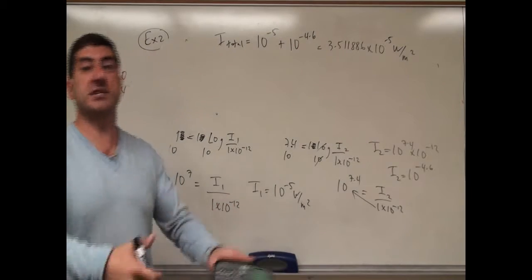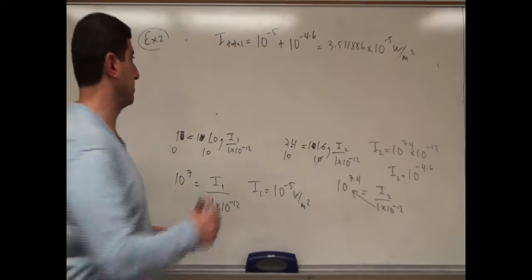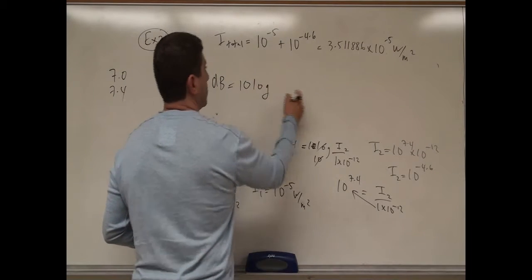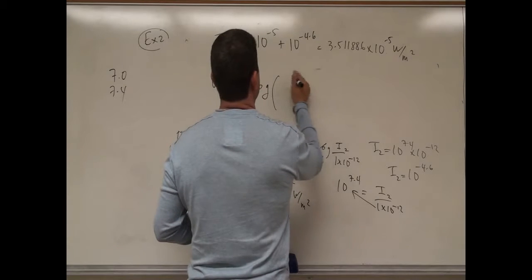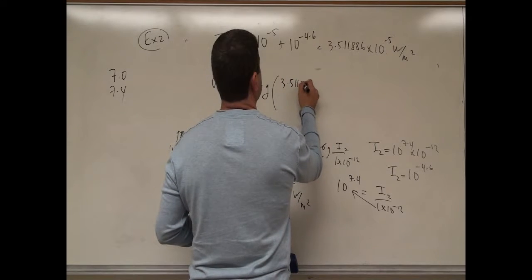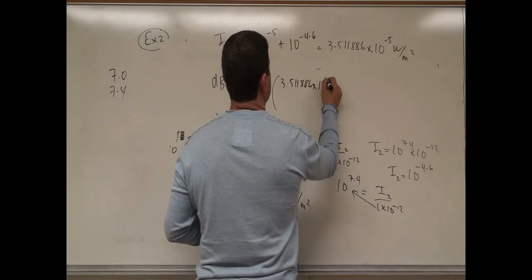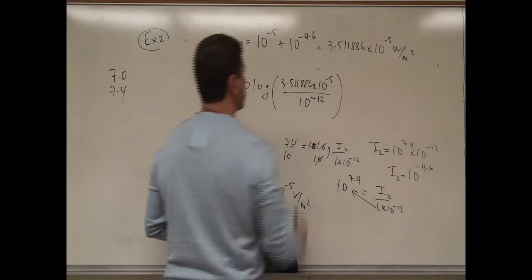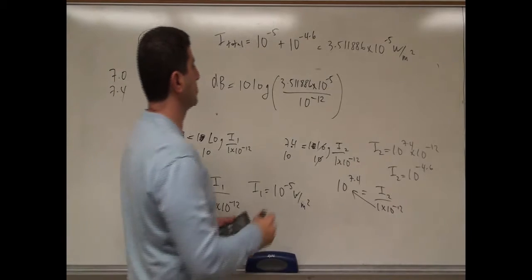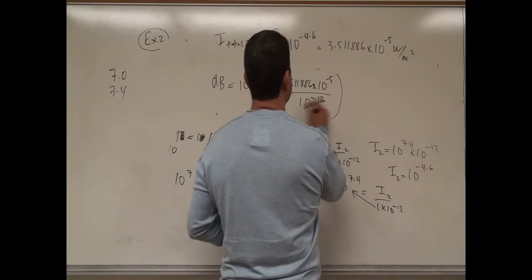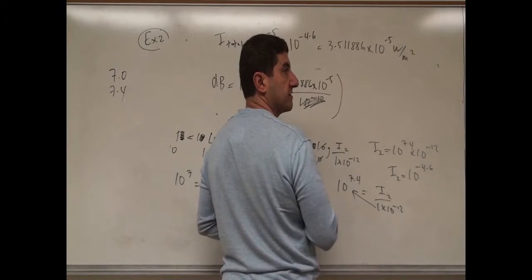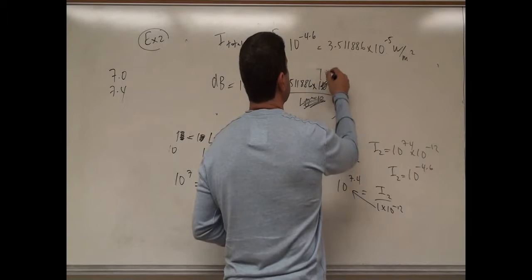You can convert this back to the log scale. So we can say dB is equal to 10 log of this number, 3.511886 times 10 to the negative 5 over 10 to the minus 12. Right? Well, what happens? Well, the 10 to the minus 12 again goes to the top and becomes 10 to the 12th. 10 to the 12th, 10 to the minus 5 becomes 10 to the 7th.